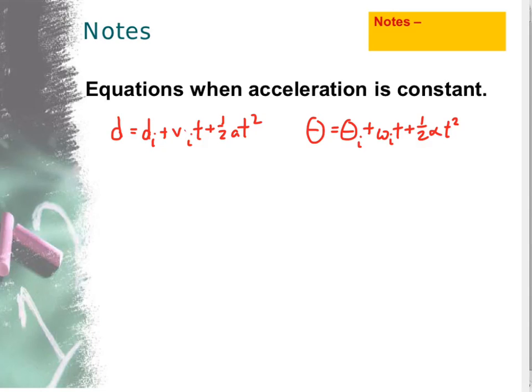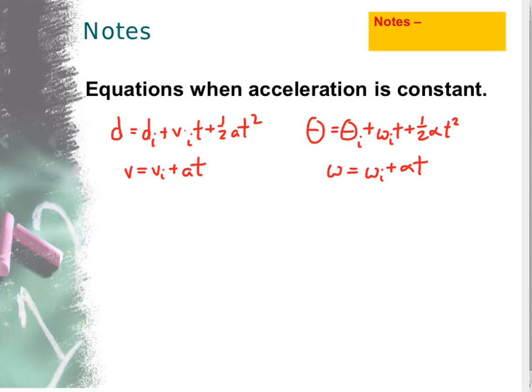And we have a second equation that you can write when acceleration is constant. You can say that the velocity is equal to initial velocity plus a times t, and you can write omega is equal to initial omega plus alpha times t. So there are really no new equations you have to memorize.